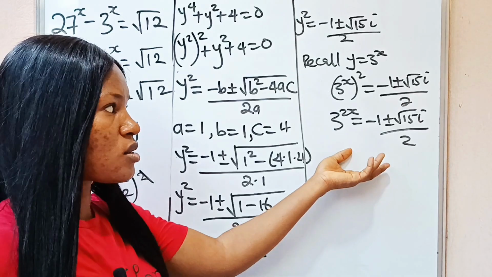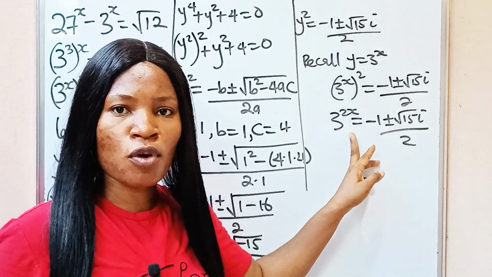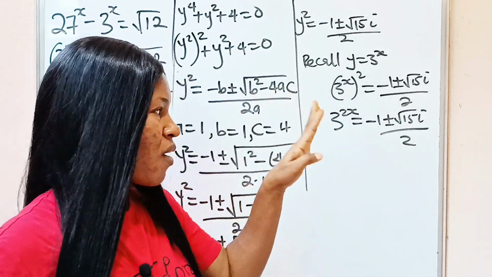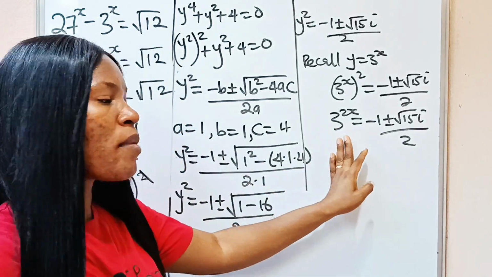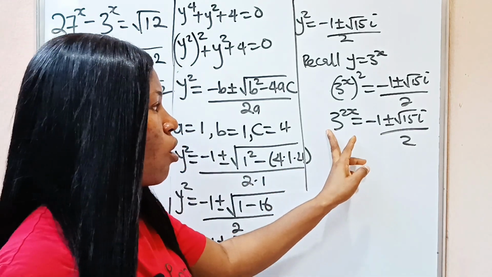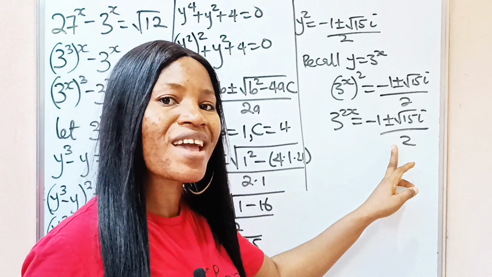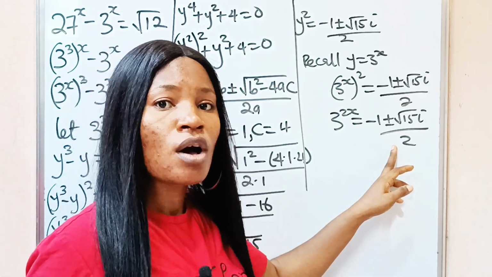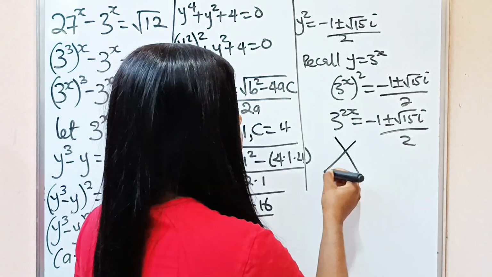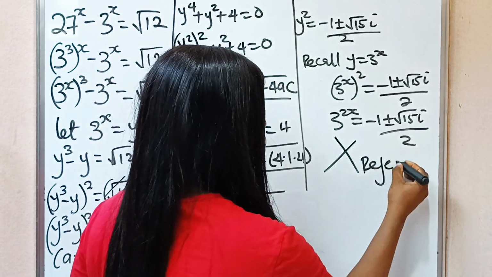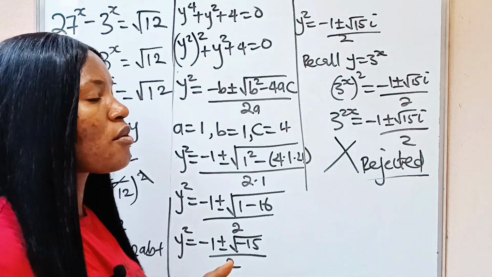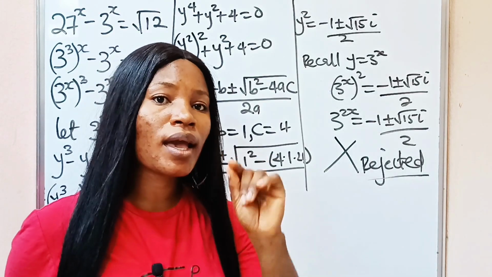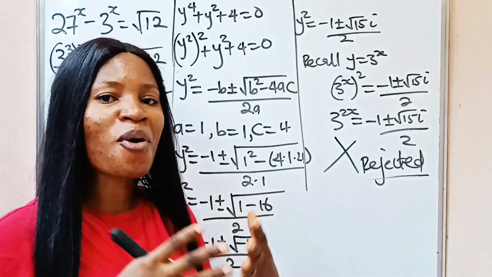When you look at this, you can see that to get the value of x from here, we are going to make use of logarithm or ln. Now you can get the log of a positive number, but you cannot get the log of a negative number. So this place is not going to work, and we have to reject it. That means the only real value of x that we got is x is equal to half.